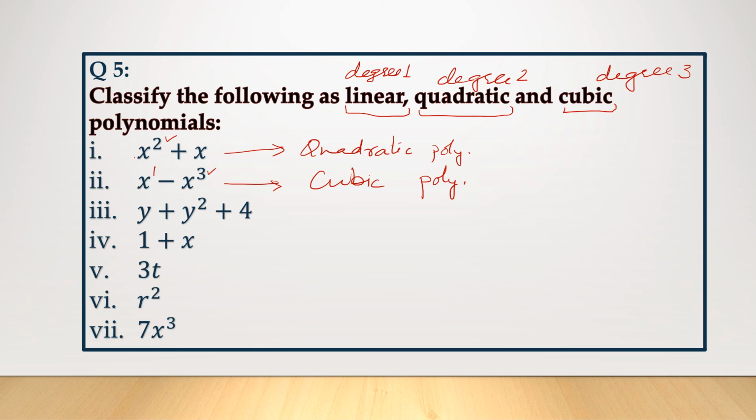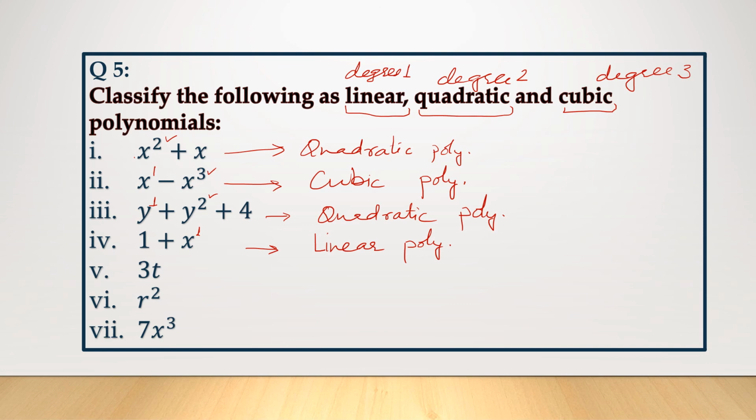Now here exponent on the variable is 1, here it is 2, and this is the constant term. So highest power on the variable is 2. So this is quadratic. This is quadratic polynomial. 1 plus x. Exponent on the variable is 1. So highest power of the variable, here it is 1. So this is linear polynomial. 3t.